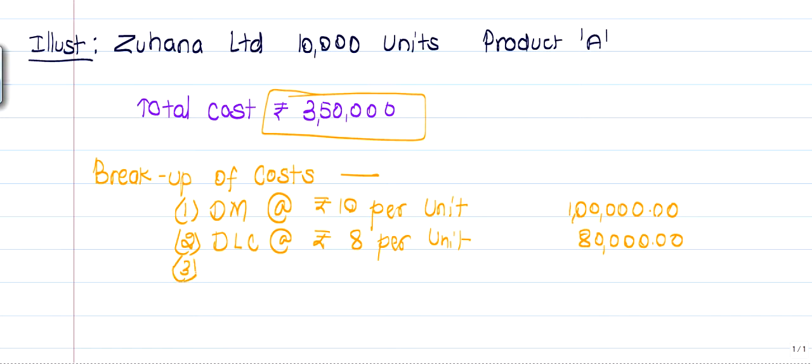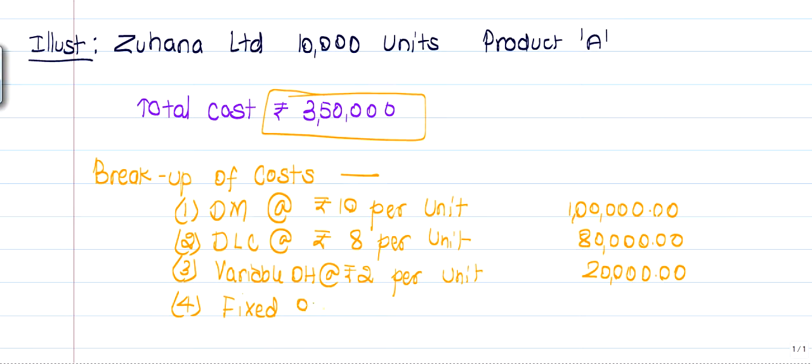Third breakup, variable overhead, OH, at rupees 2 per unit, so that comes to 20,000 rupees. Fourth one, fixed overhead, rupees 1,50,000.